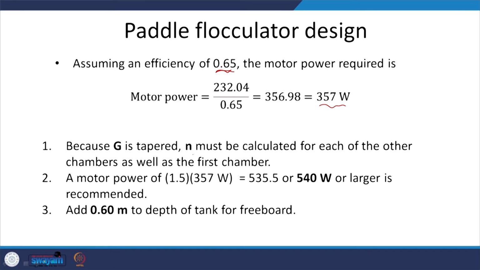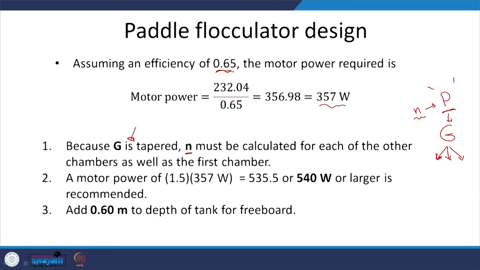Because G is tapered, N must be calculated for each of the other chambers. What has to be noted is, how did we calculate N? In that we used power, but the power will depend upon the G value, and G value is different for different compartments, right.